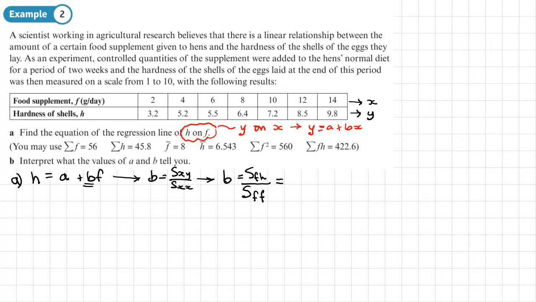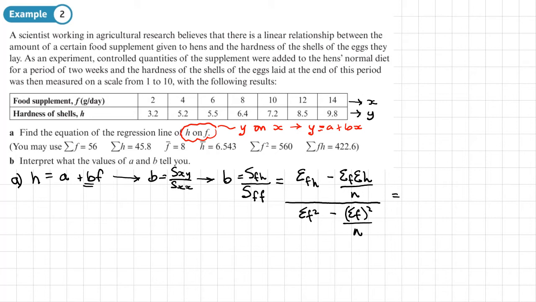So we'll write out the full formula. So that's the sum of FH minus the sum of F times the sum of H, that's over N. That's going to be divided by the sum of F squared minus the sum of F all squared over N. So now we can just substitute in the numbers.